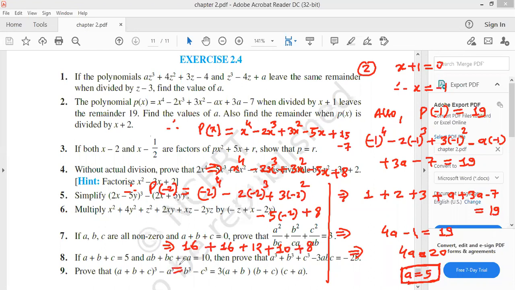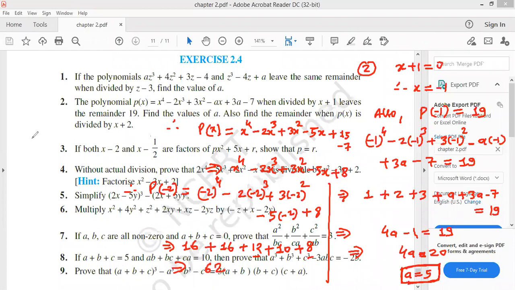Add all the values. 16 2s are 32, 32 plus 20. 32 plus 20 is how much? 52. 52 plus 10, 62.